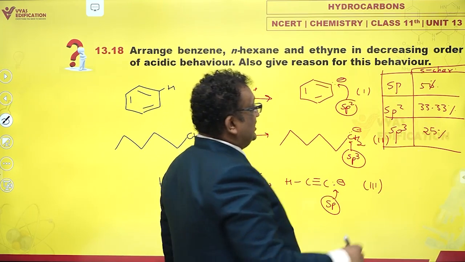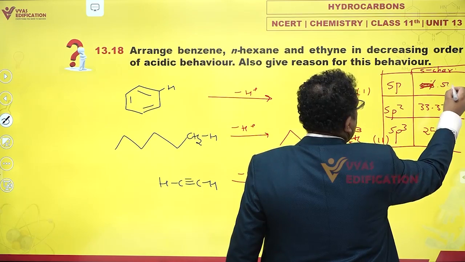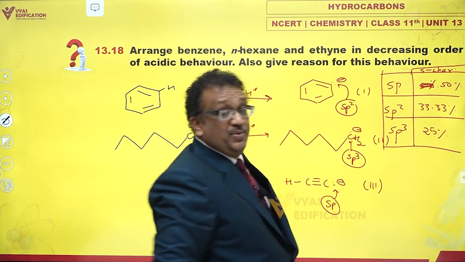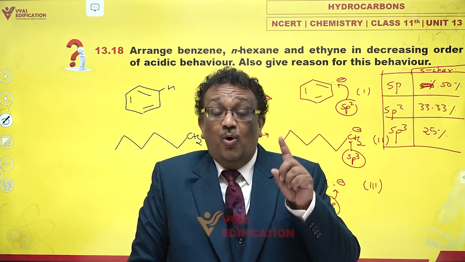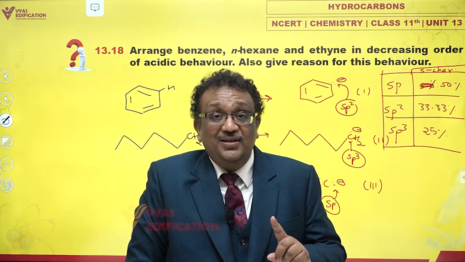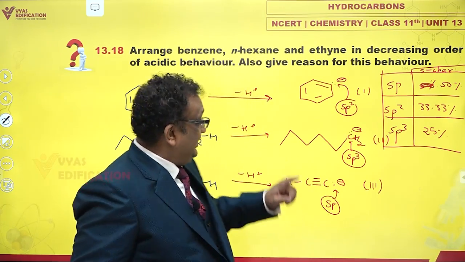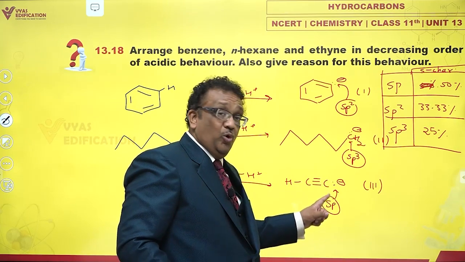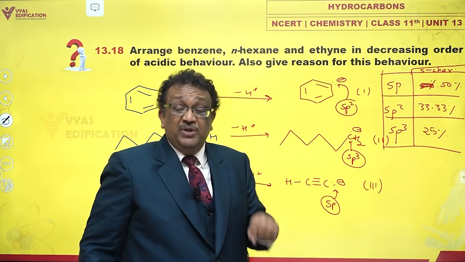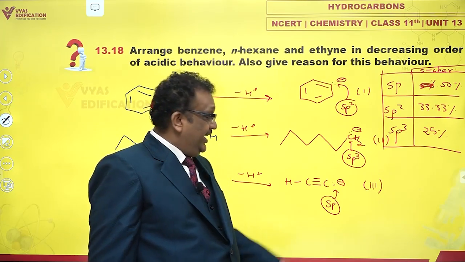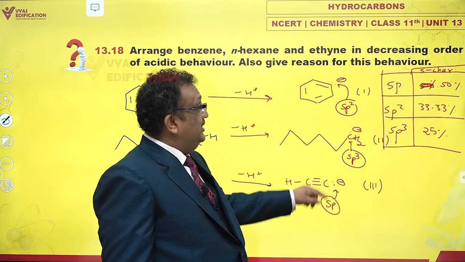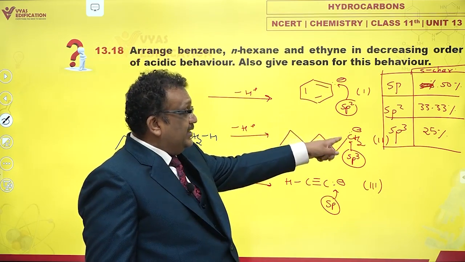The greater the percentage of s character, the more the electronegativity. The more the electronegativity, the more the capacity to keep the lone pair with itself. That means the carbanion is more stable in an sp hybrid orbital than in sp2 and than in sp3.